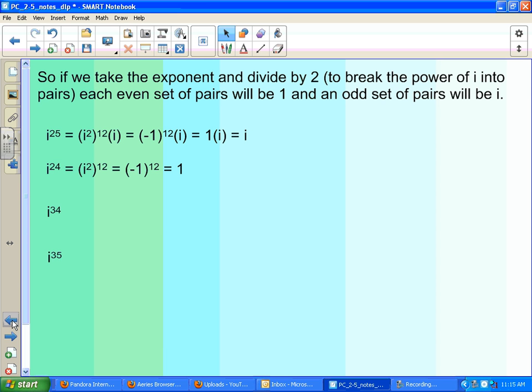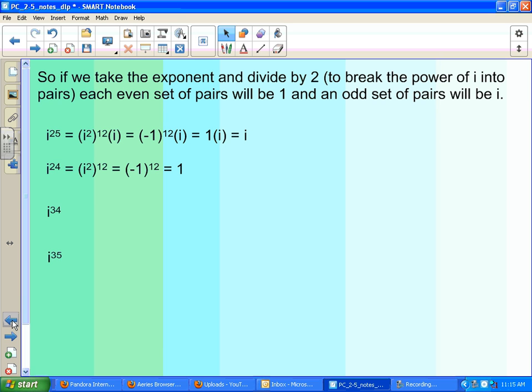So here's some examples, i to the 25th. This is the example where I'm considering how many squares go into the number. So basically you take that number, divide it by 2, and whatever the leftovers are, that becomes an i. So 25 divided by 2 gives me 12 of them, and I have 1 i left over. So i squared to the 12th power becomes negative 1 to the 12th power, which becomes 1.